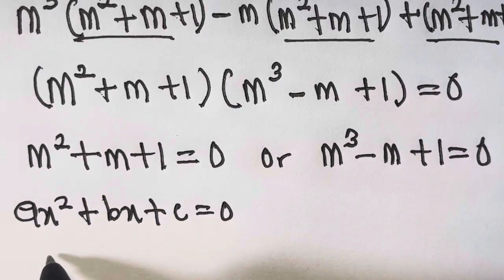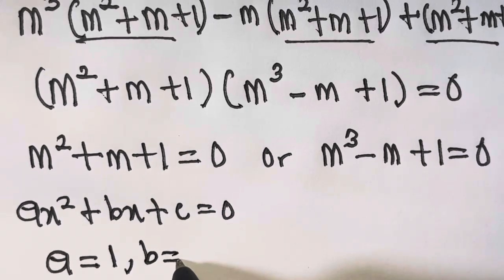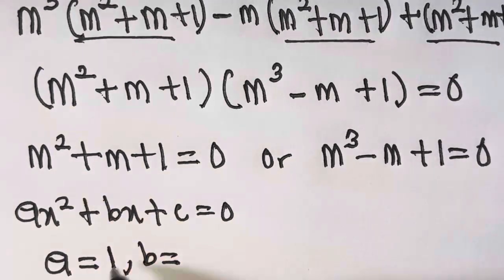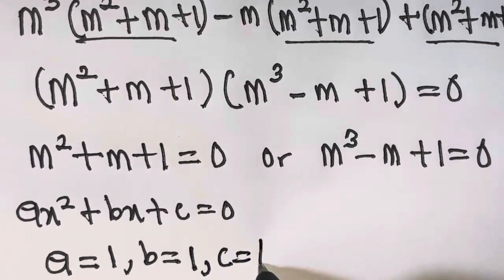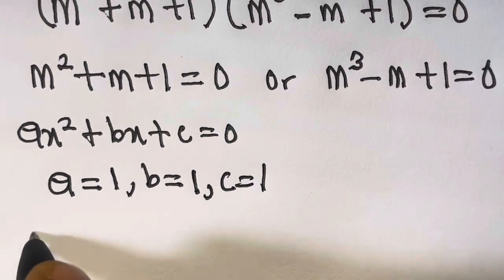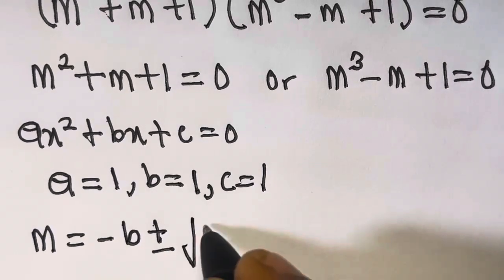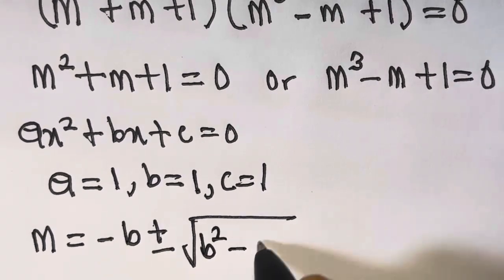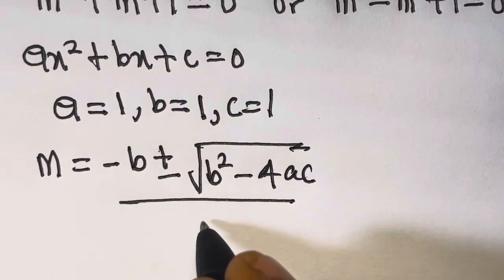Our a, the coefficient of m squared, is 1, b, the coefficient of m, is also 1, and c, the constant, is also 1. The quadratic formula gives us m equals minus b plus or minus square root of b square minus 4ac, divided by 2a.